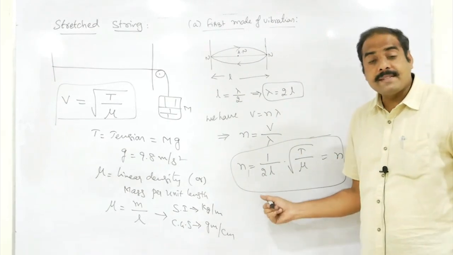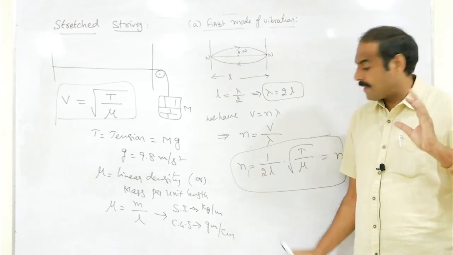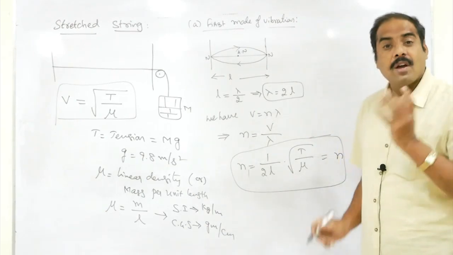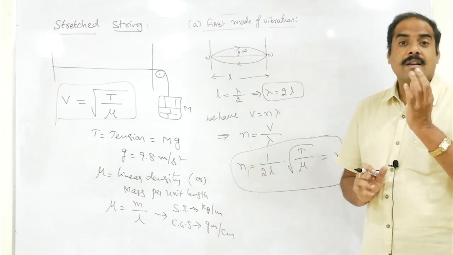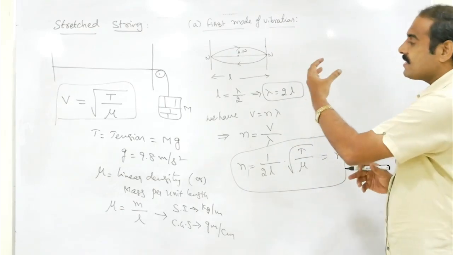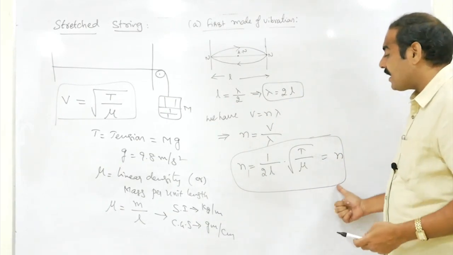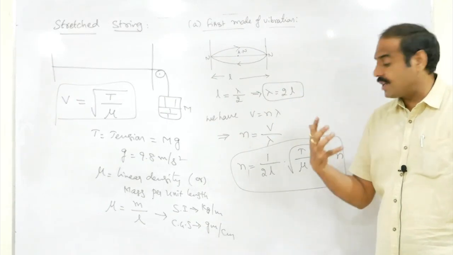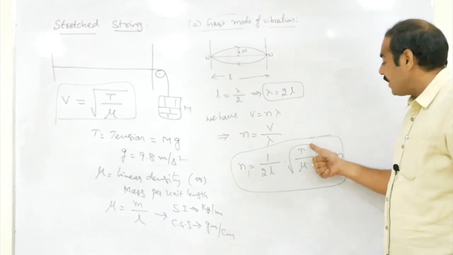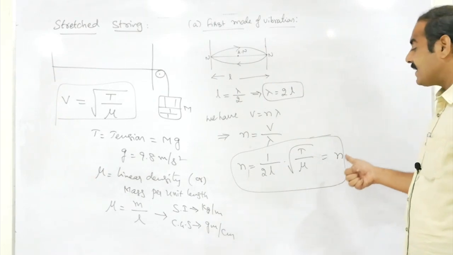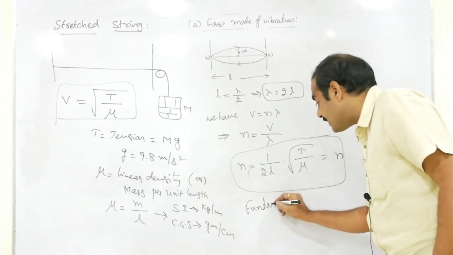This is the expression for the frequency. n1 represents the frequency of a stretched string when it vibrates in one segment or one loop. This is the formula for the frequency of a stretched string. I have considered this as n. Now you can consider this as the fundamental frequency.